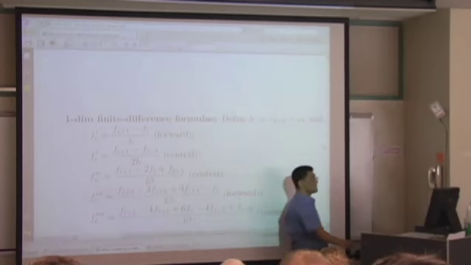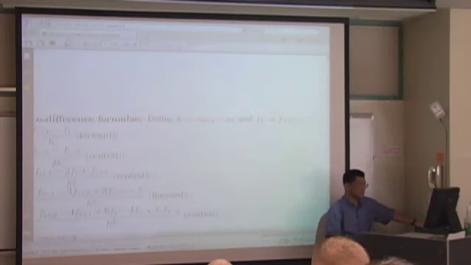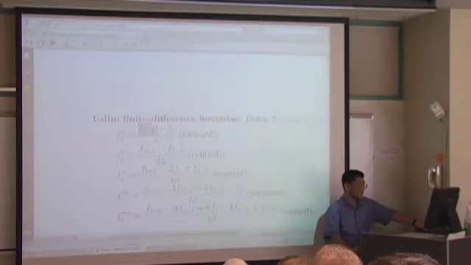So how do we differentiate the function? Usually we use this notation. Instead of writing f of x_k, we just shorten it, right, with subscript k. So f of x_{i+1} means f at the point x sub i plus 1, right?